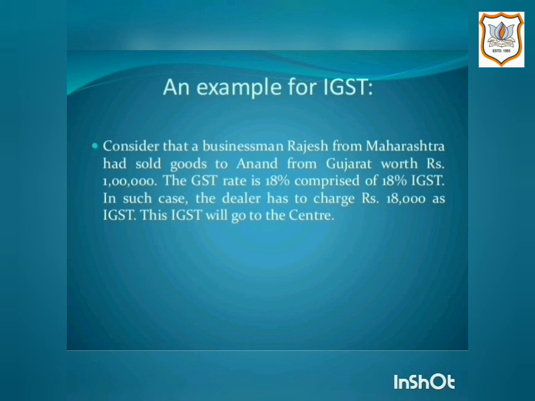This IGST will go to the center. Here in this example, as you can see, buyer and seller belong to different states. Here seller is from Maharashtra and buyer is from Gujarat. So this is called interstate supply. So in this case, buyer has to pay IGST and this will go to the center, or you can say that it is collected by the central government.